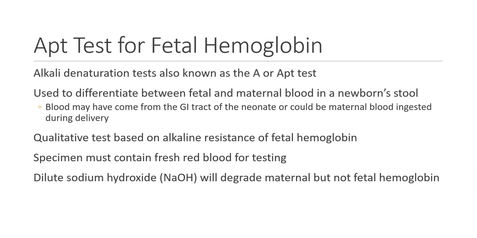And this is the basis of a test that we're going to talk about in blood bank, that these fetal cells are resistant to degradation with a dilute sodium hydroxide. So the maternal blood will be degraded, but the fetal hemoglobin will be intact, and then you do a process to measure it or detect it.